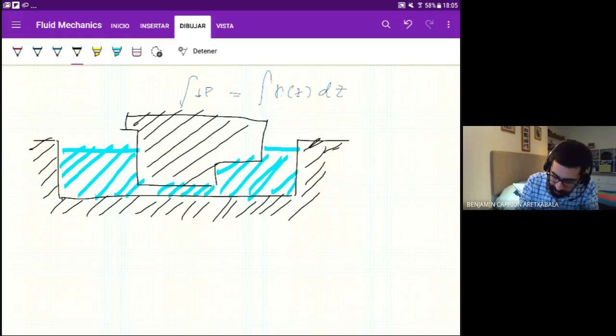And this is some fancy bar at the center of the pool or whatever. It doesn't really matter. Okay, and let's say you have the pressure here at a depth of h, whatever h is.